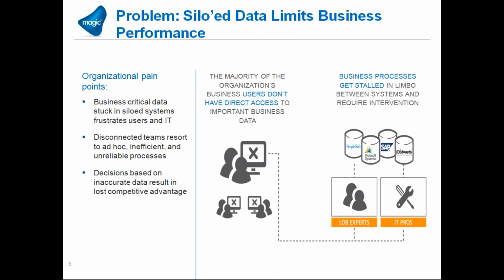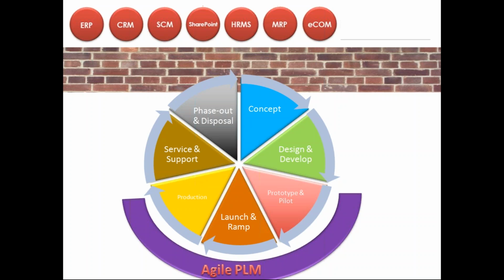The problem, of course, is that there are so many siloed data limits between these business systems that we really need to look specifically at what our Agile PLM system is capable of to find those overlap points. Agile is able to take product management from conception to design and development through the prototyping phase, the launching and ramping, production, service and support, and even phase out and disposal.